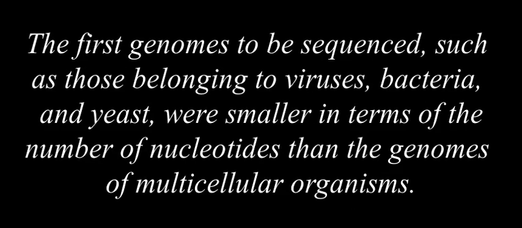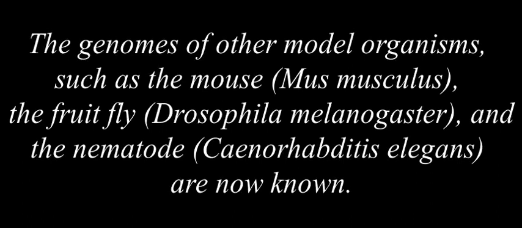The first genomes to be sequenced, such as those belonging to viruses, bacteria, and yeast, were smaller in terms of the number of nucleotides than the genomes of multicellular organisms. The genomes of other model organisms, such as the mouse, Mus musculus, the fruit fly, Drosophila melanogaster, and the nematode, Caenorhabditis elegans, are now known.